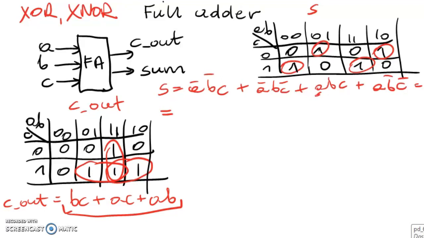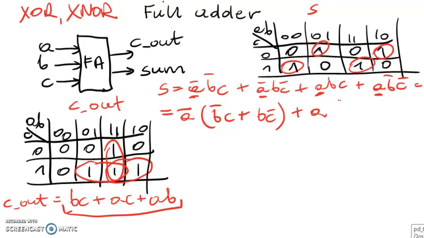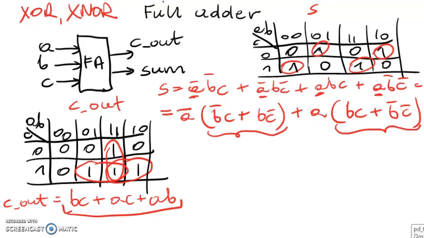A is a common factor here, and not A is the common factor here. So try to factor it out. And inside the parentheses, you've got not B C plus B not C. And similarly, A times BC plus not B not C. And as you remember, I hope you remember, that this expression is an XOR expression.